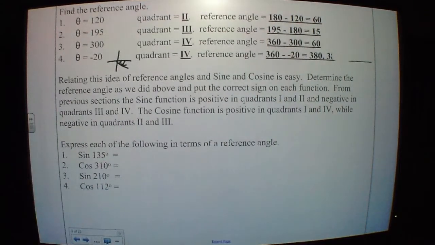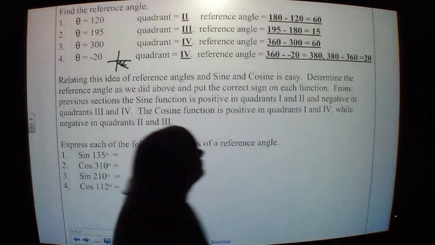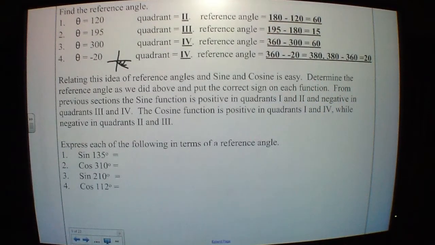But remember, coterminal, I can add or subtract 360 degrees and I'll be in the same spot. So you can also subtract 360, and that's how you get 20. Because reference angles will be less than 90 degrees. 380 is not less than 90 degrees, so you need to subtract a whole circle.